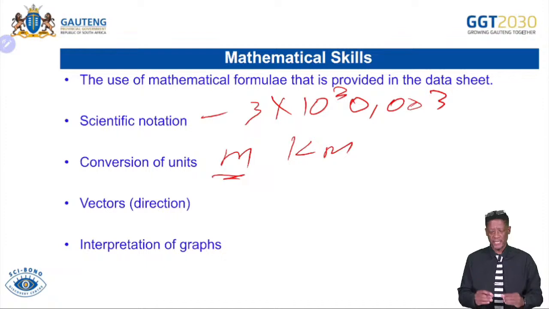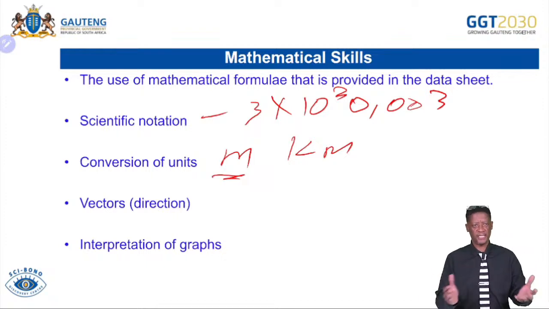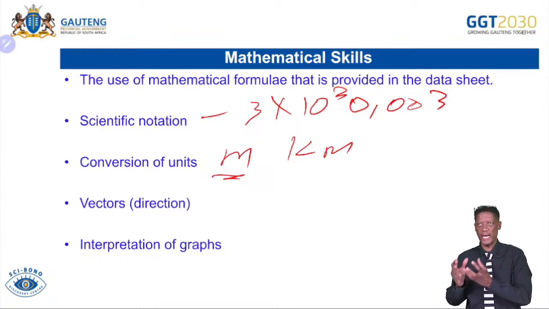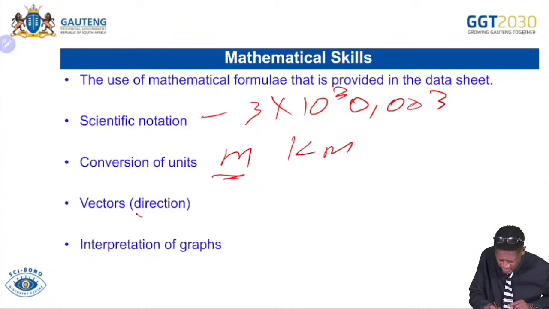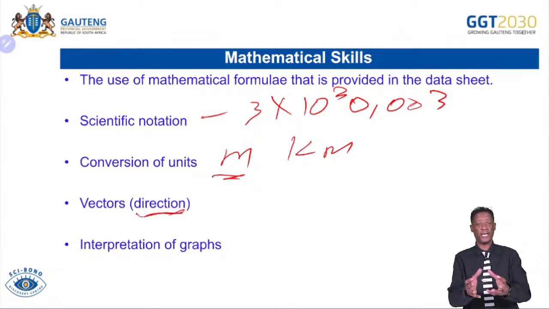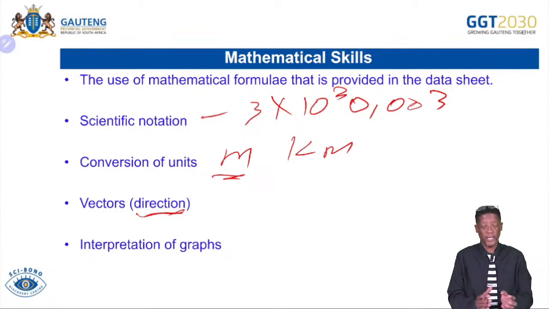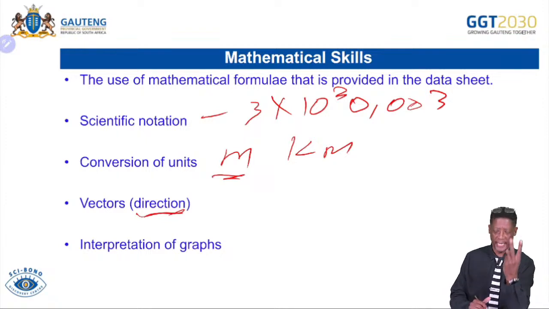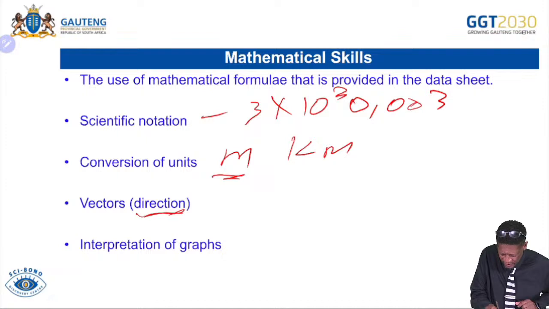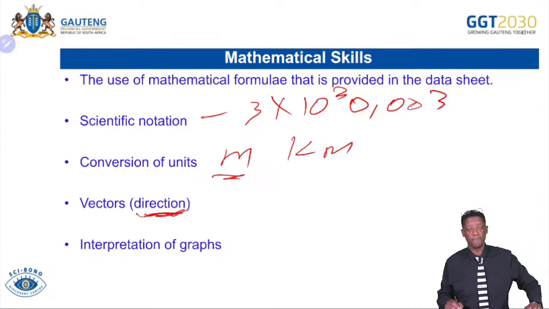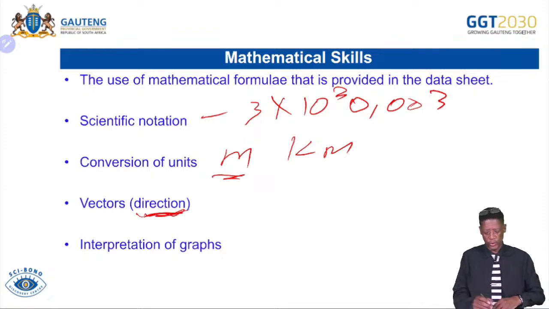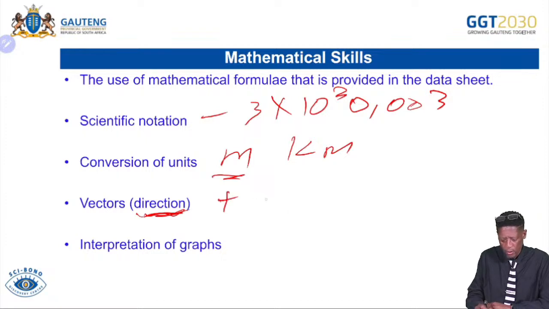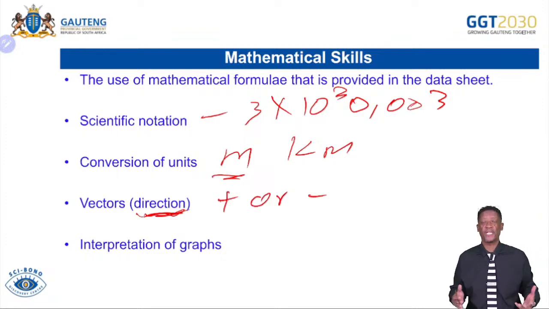Now, vectors. We know a vector is a quantity that has both magnitude and direction. Direction is very important. Remember, even a scalar has a magnitude, but a vector has both magnitude and direction. If we talk about direction, we talk about plus or minus. Those are direction.